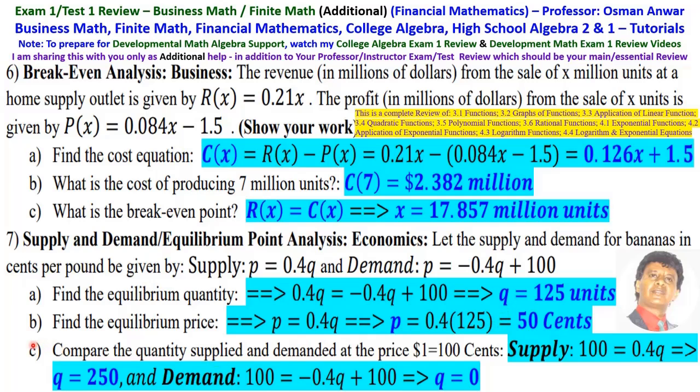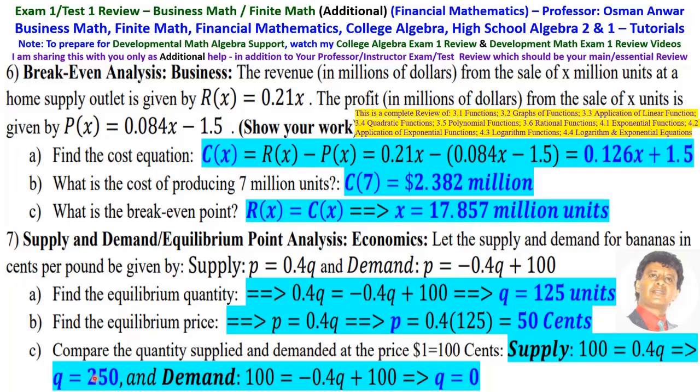Now outside that, compare the quantity supplied and demanded at the price of $1, which is 100 cents. If you set the price at 100 cents, let's look at what happens to the supply. Supply is 100 = 0.4Q, then Q is equal to 250.